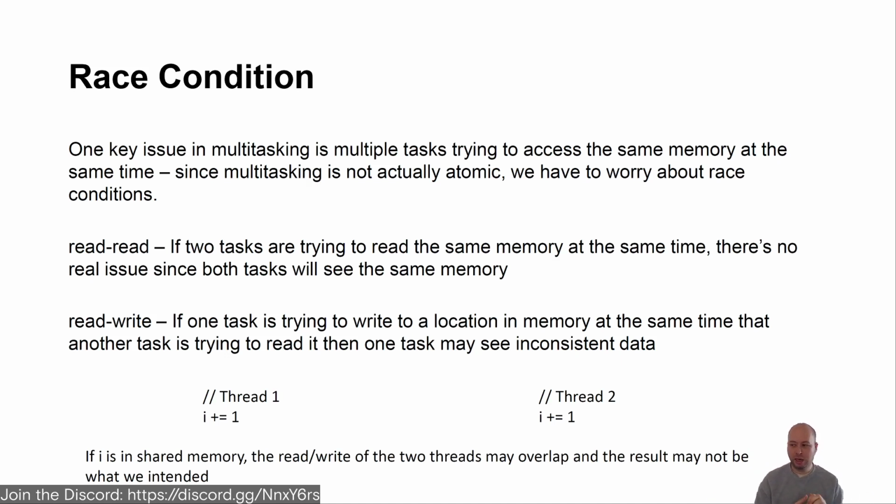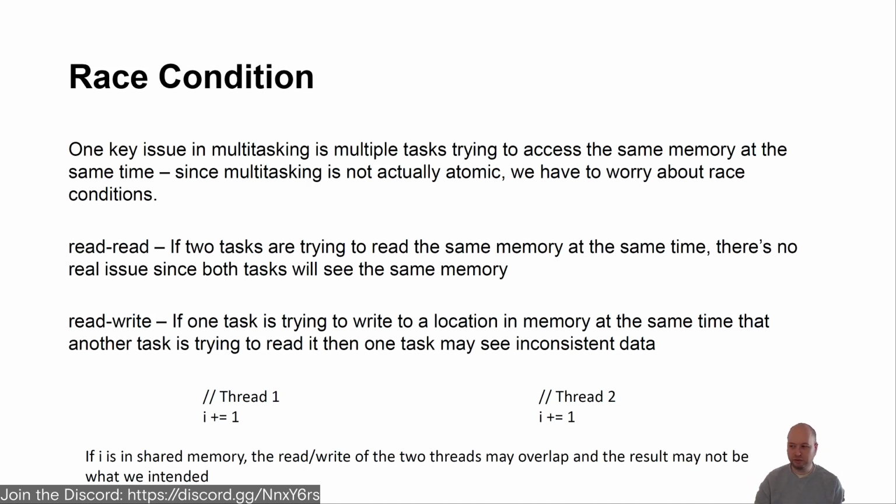Because the scheduler may be running things in ways we don't really know, there's a race condition of which piece of code runs when, even at the instruction level, and we have to be aware of that. You may be operating on data that's being changed underneath you.